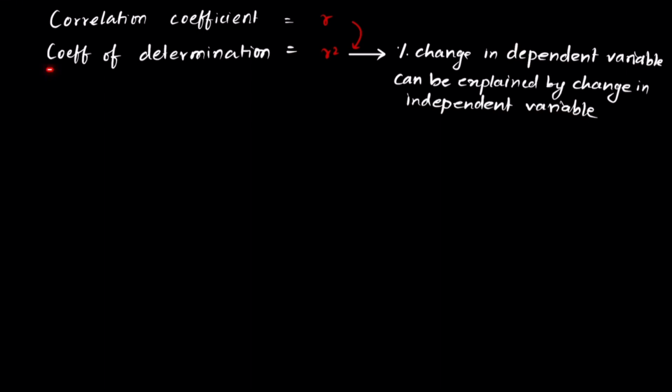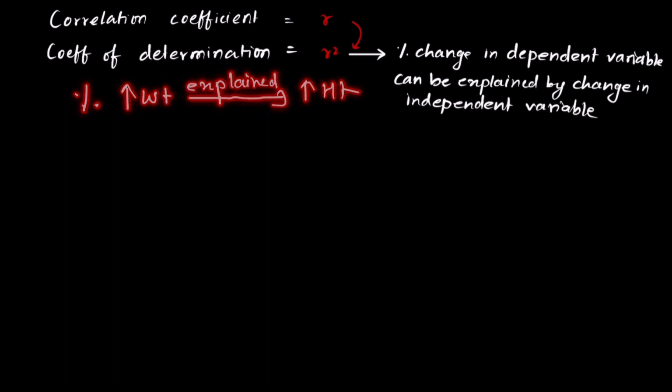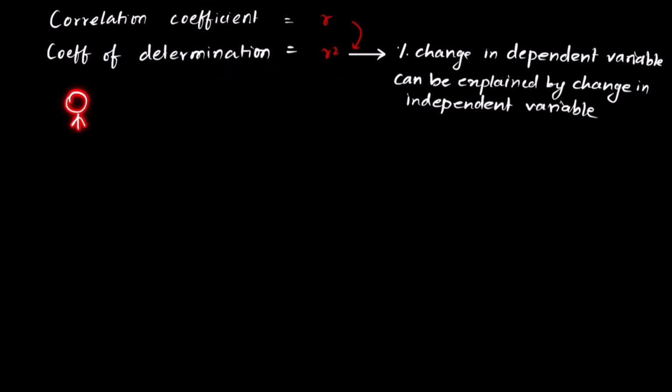Now, what coefficient of determination does is that it explains what percentage of increase in weight is explained by increase in height. So there's your person. The weight of the person has increased due to increase in height.